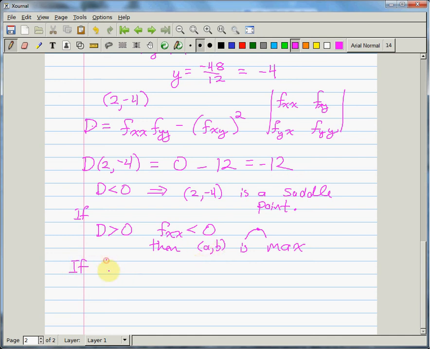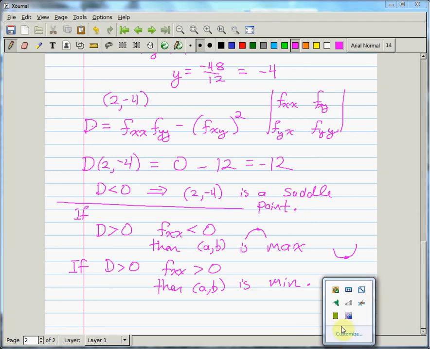The other possibility is if D is positive and fxx is greater than 0. In calculus 1, you would say the second derivative is positive, so that means concave up, and a critical point is going to be a min. So in this situation, a local min occurs at (a, b). We finished the problem at this stage, but I just went on to remind you what the other possibilities are. And that's it. Pretty easy type of question.